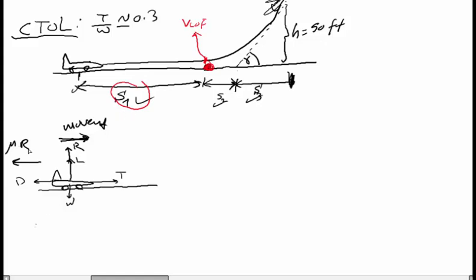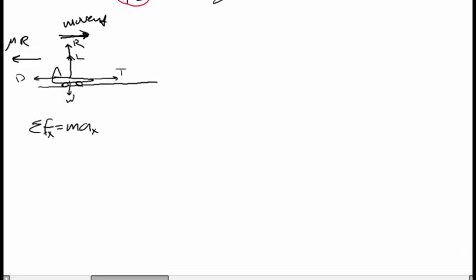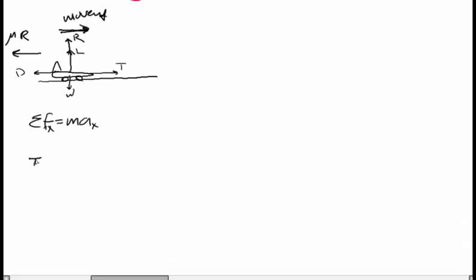Newton's second law of motion: the summation of forces acting on this body equals the mass times the acceleration, all in the x direction. We have only the x direction. So we have thrust minus drag minus mu times R equals m times acceleration, where mu R is the friction force, m is the mass of the aircraft, and a is the acceleration.